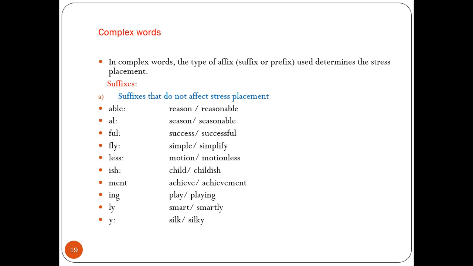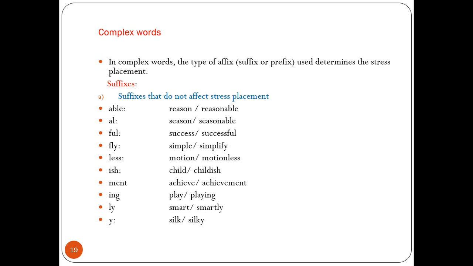Keep this in mind that we are discussing complex words. Complex words are words which have been added some affixes, either prefix or suffix. So what happens if you see a complex word, a word where there is a prefix or suffix? You need to know that we have got three different rules.